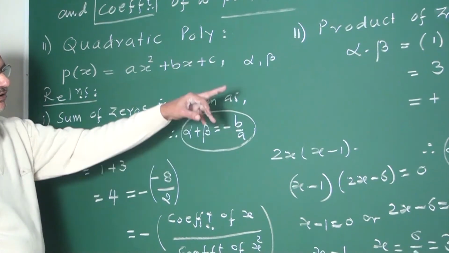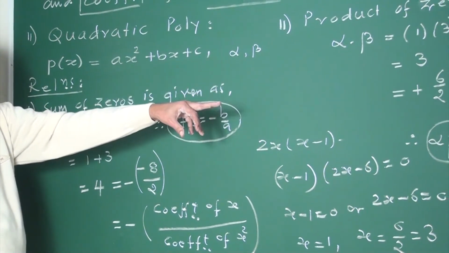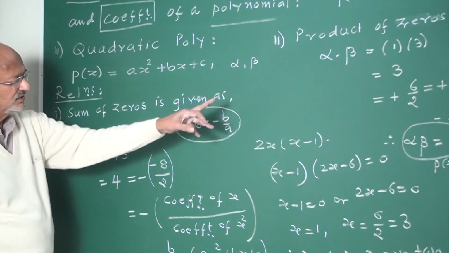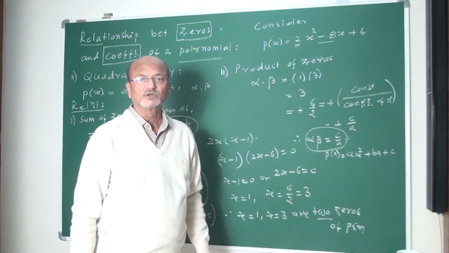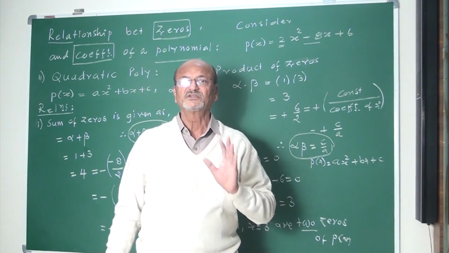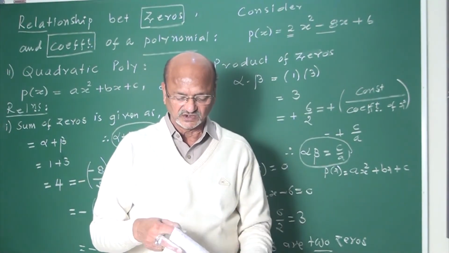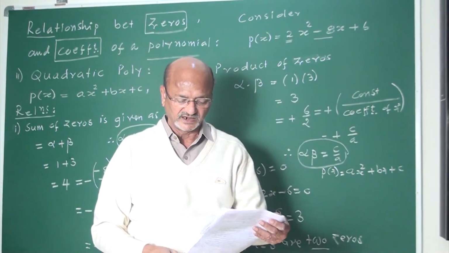Minus b by a. What is the product of the zeros? C by a. So I write it as a note to remember this result, my friends.